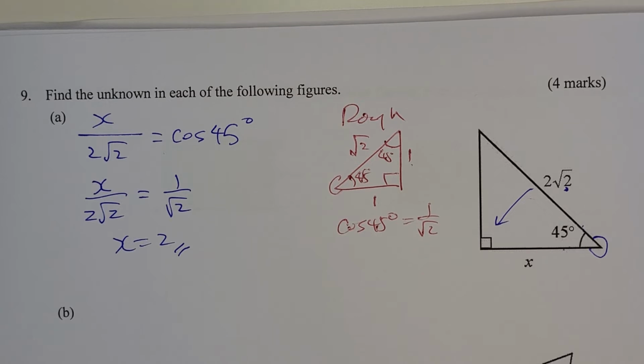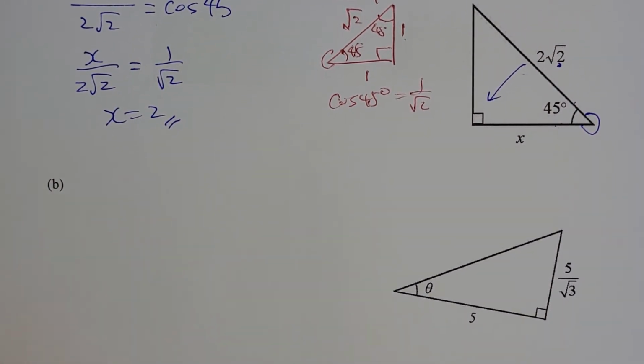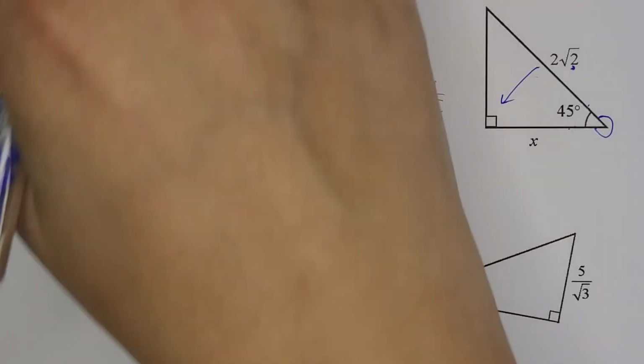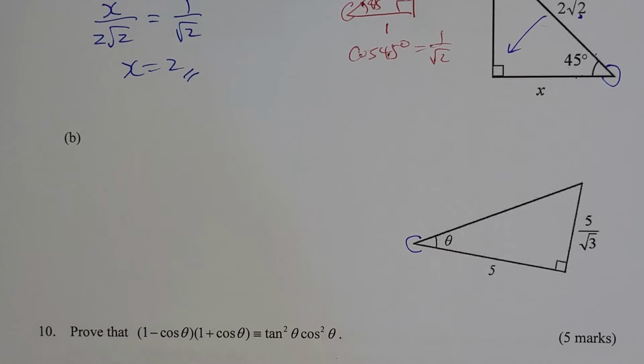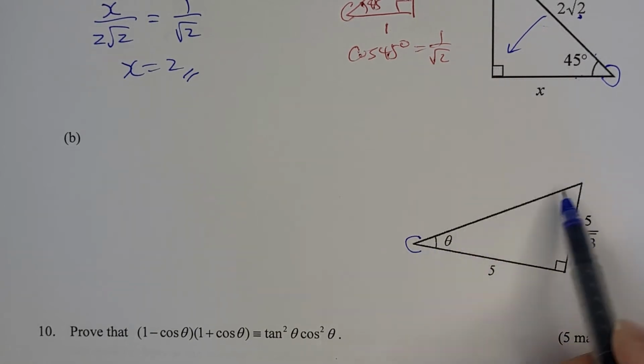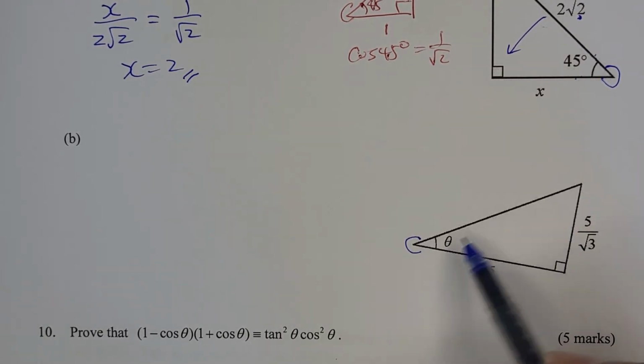So for question 9b, you need to find this angle theta. If you draw a C here, then there's a cosine related to this number 5 and this hypotenuse. But you do not have this length. Of course, you can use Pythagoras' theorem to find this hypotenuse, but it seems clumsy.